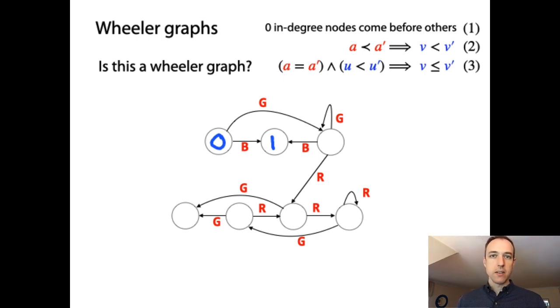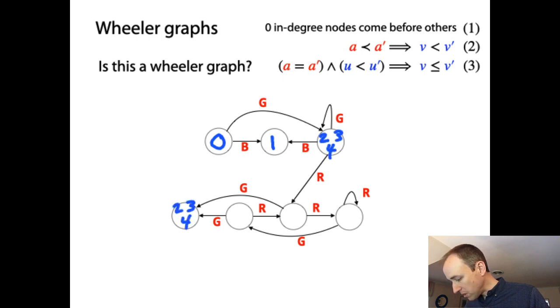Okay, now then the next set of nodes in the order must be the ones that have the next larger alphabet symbol as their incoming edge label. Okay, so that would be G in this case. So let's look at all the nodes that have incoming G. All right, this node has incoming G. This node has incoming G. And this node has incoming G. So those three nodes, we don't know exactly what number we should put here, but we know that it's going to be 2, 3, or 4 for those three nodes.